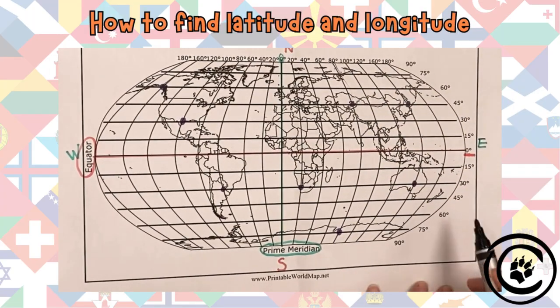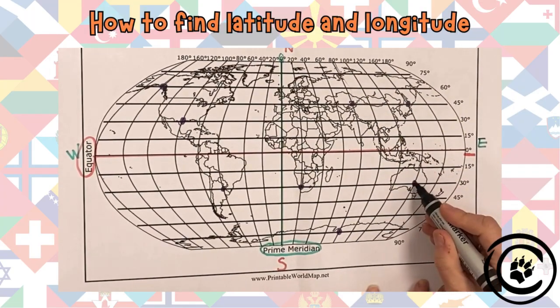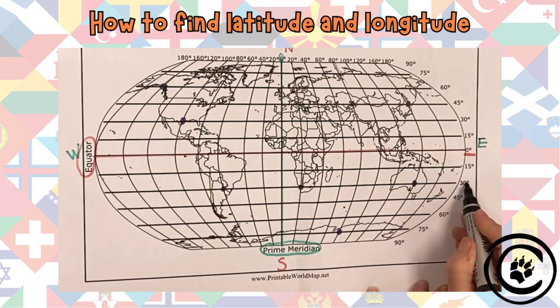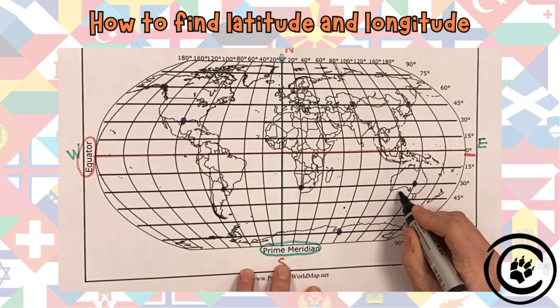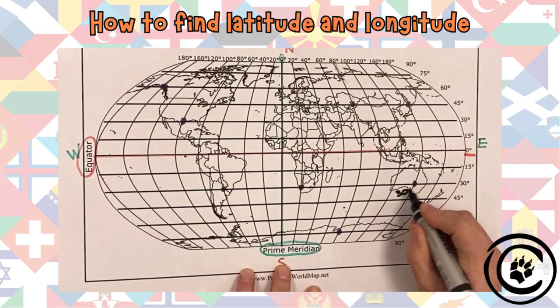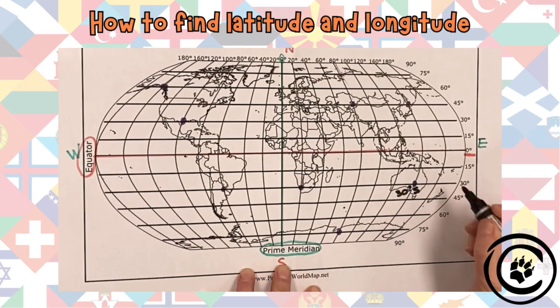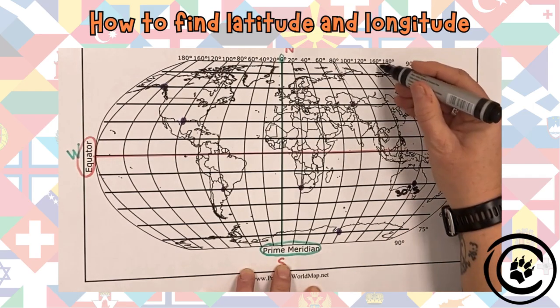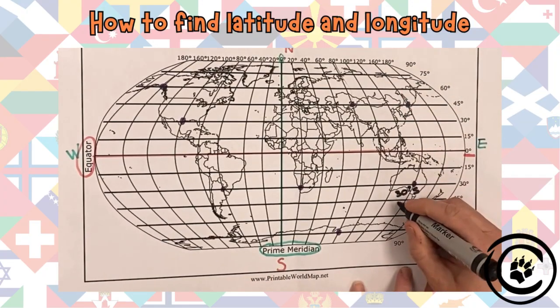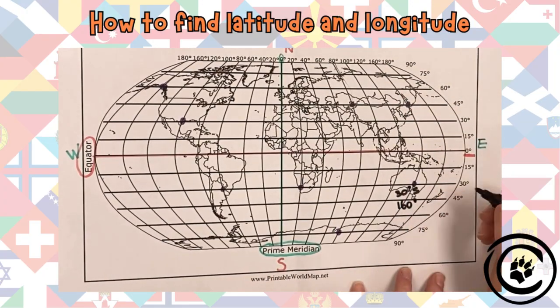When you are writing your coordinates, you always start with your lines of latitude. So this is 30 degrees south and 160 degrees east.